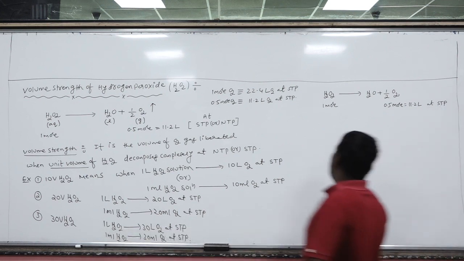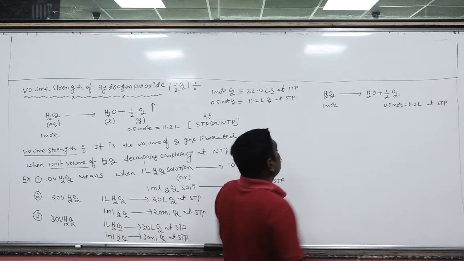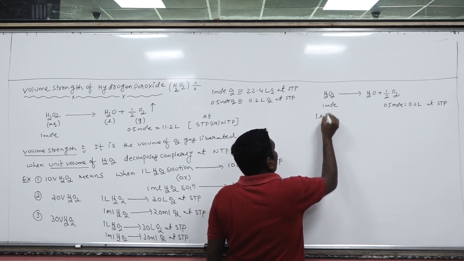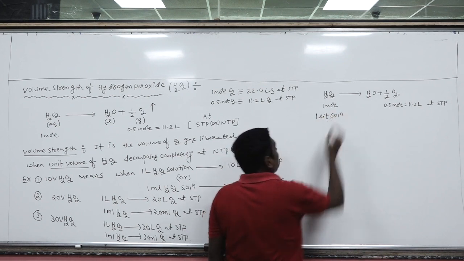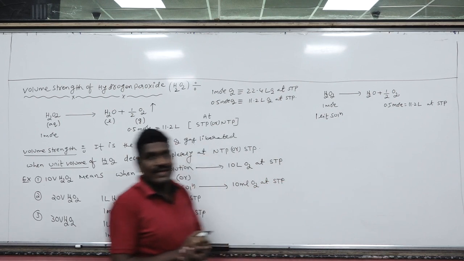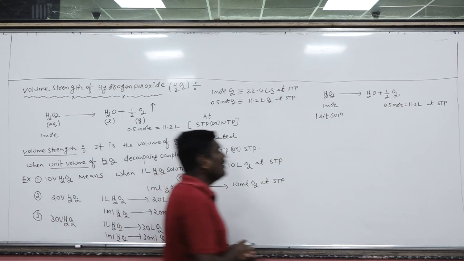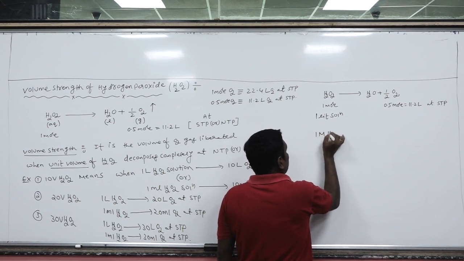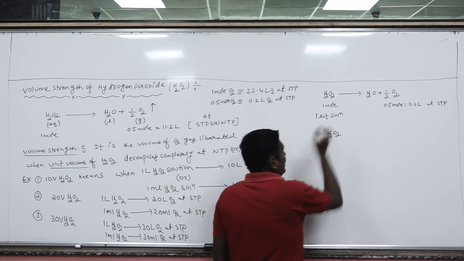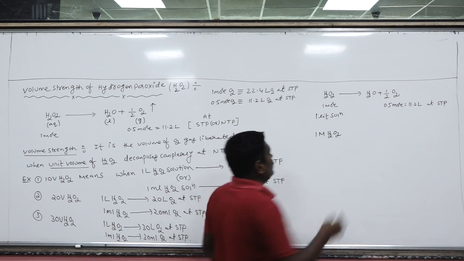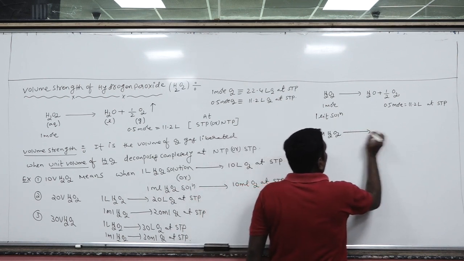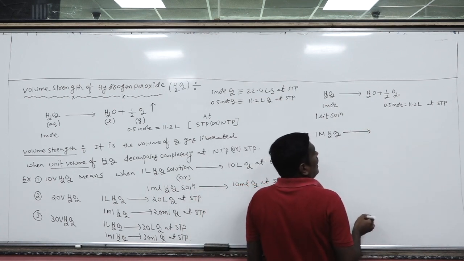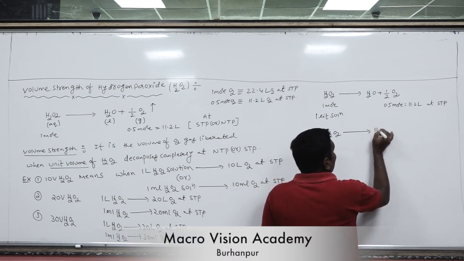Okay, let's suppose 1 mole of a solute is present in 1 liter of solution. Are you getting my point? This is a 1 molar H2O2 solution. From 1 molar H2O2 solution, how many liters of oxygen will be liberated?